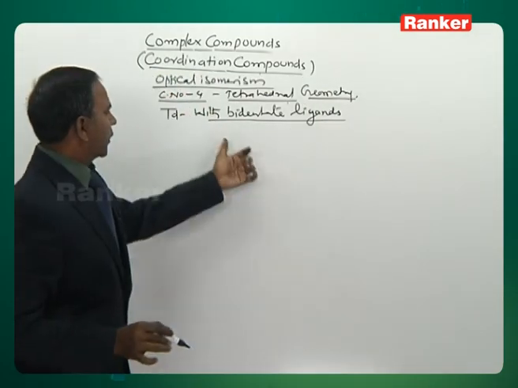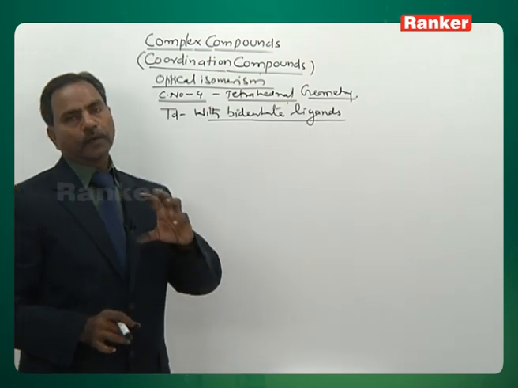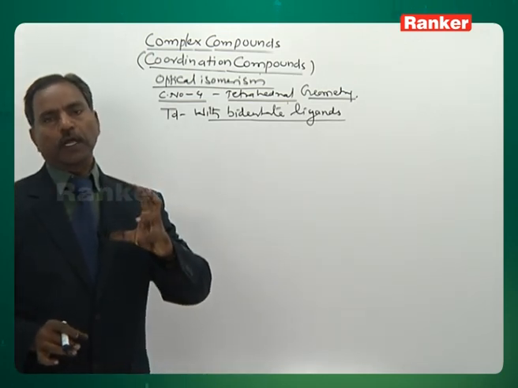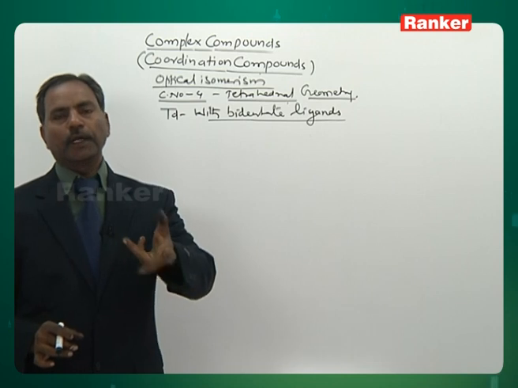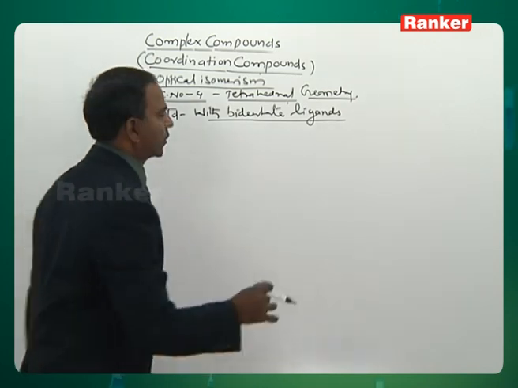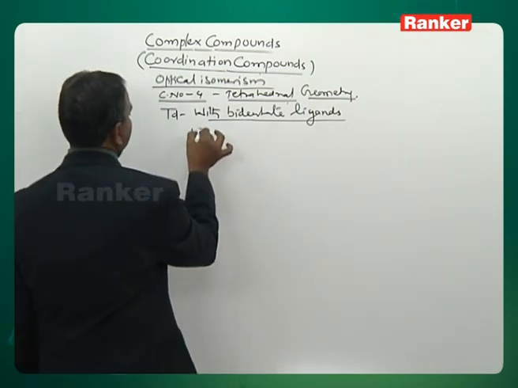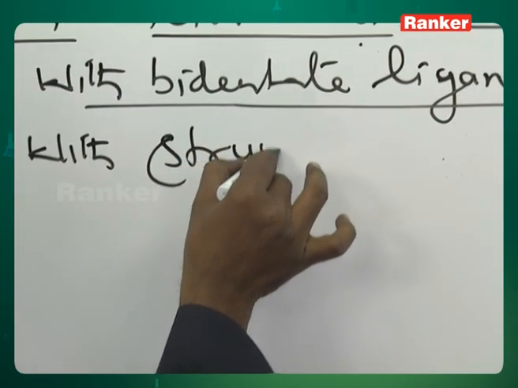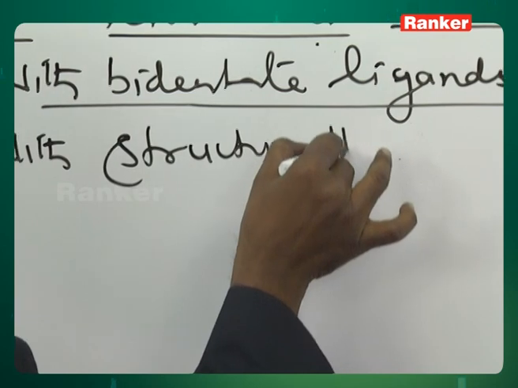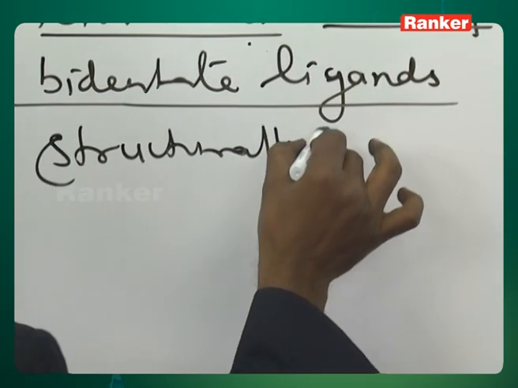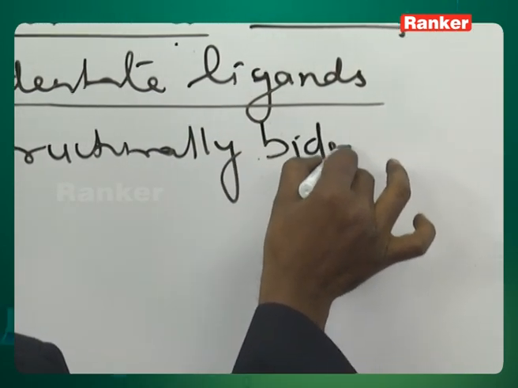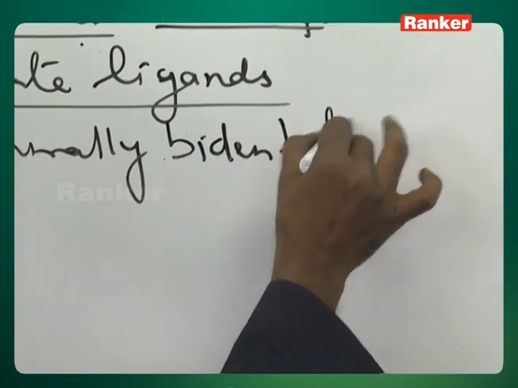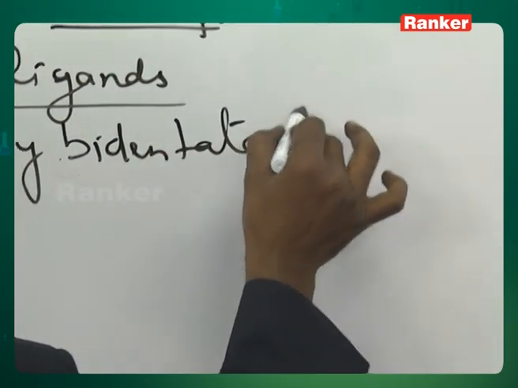One point here is important: tetrahedral geometry with only structurally unsymmetric bidentate ligands exhibits optical isomerism.